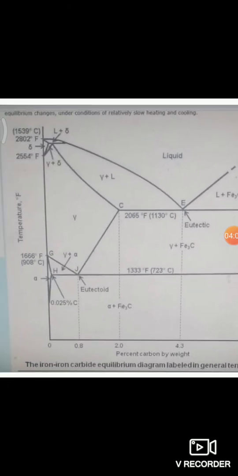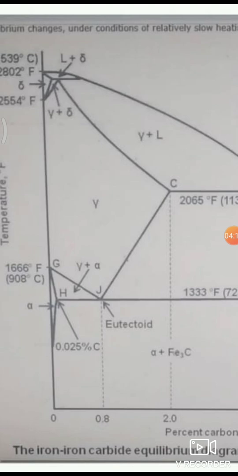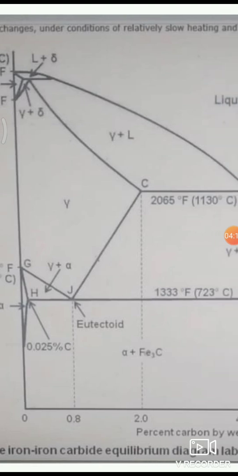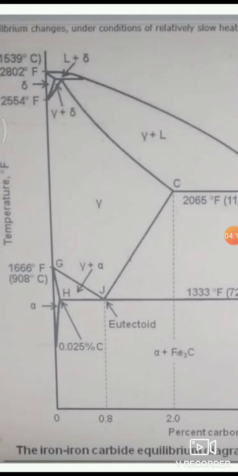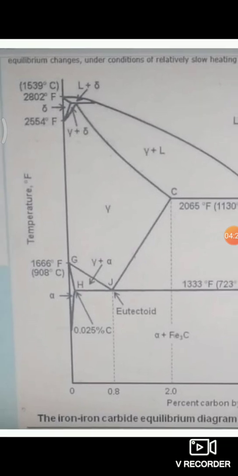Initially, the alpha ferrite phase, as we discussed, exists up to this 723 degrees Celsius constant temperature line. Beyond this line, the alpha ferrite phase is converted into gamma austenite, which has an FCC structure. Initially, alpha ferrite has a BCC, body centered cubic crystal structure.